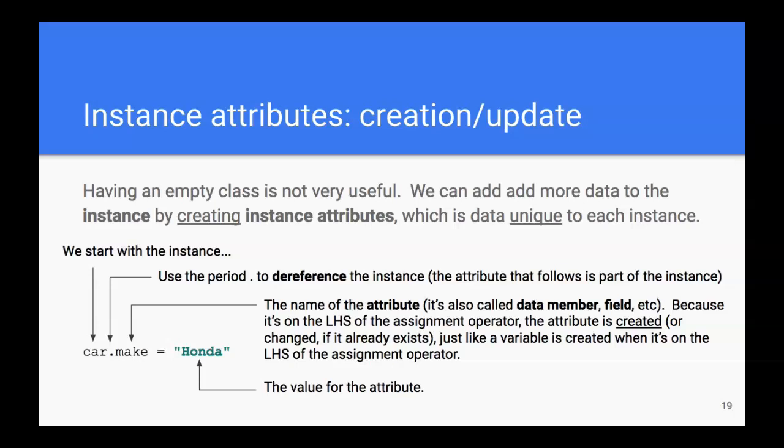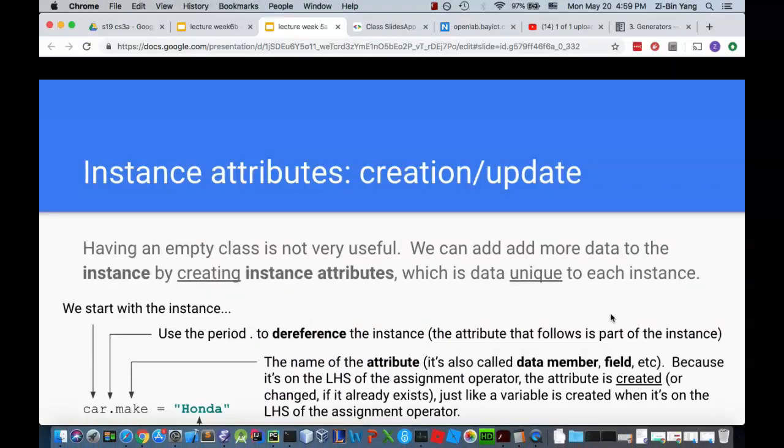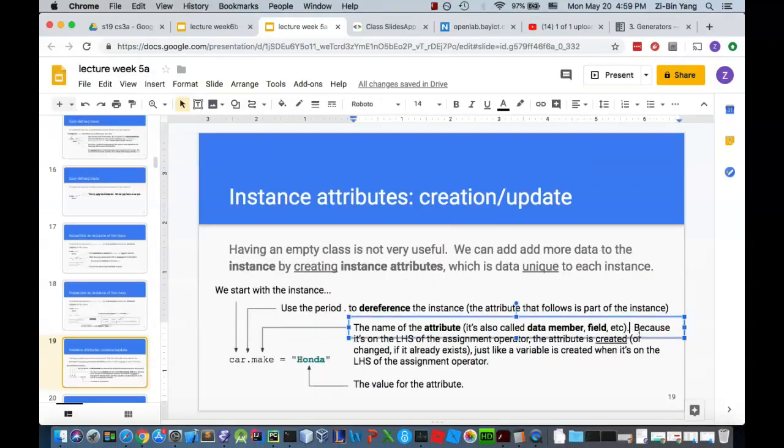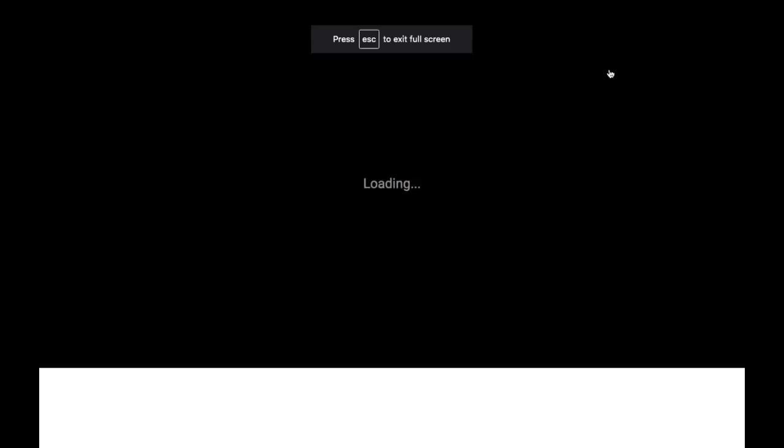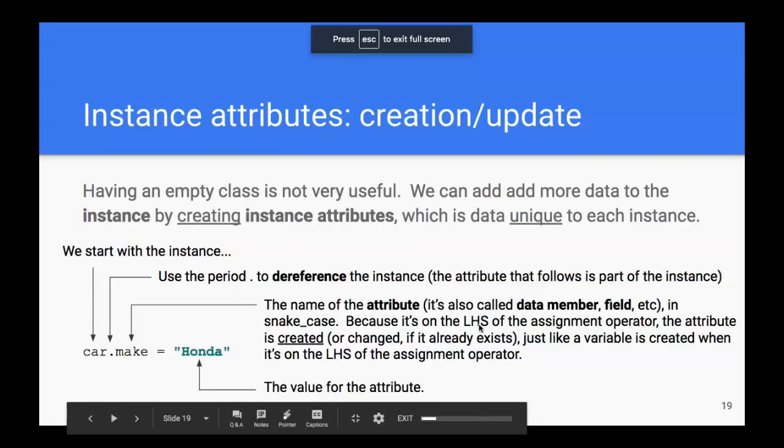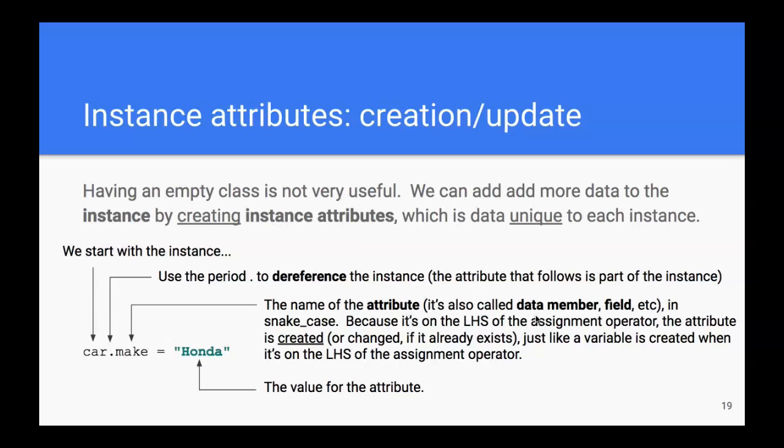Let me actually just put it here. It should be name in snake case just because they're just like variables. Now I call them attributes, or they're technically instance attributes, but usually we just say attributes. They're sometimes also called data members or fields in other languages, but they all mean the same thing.